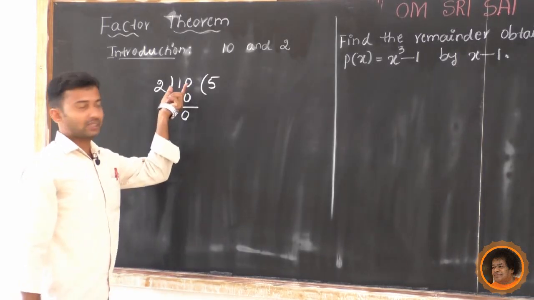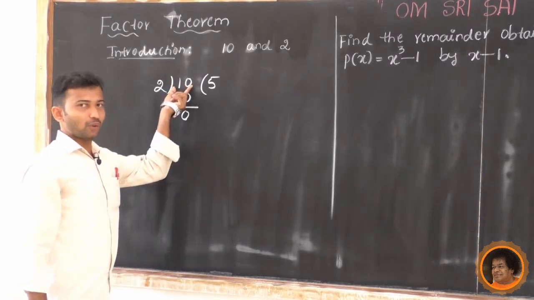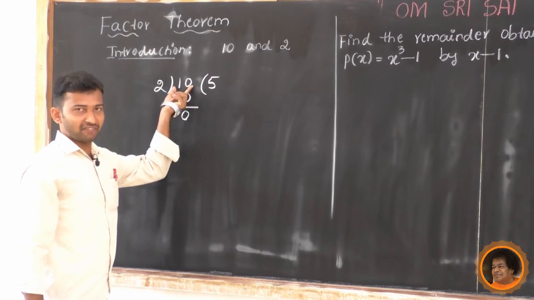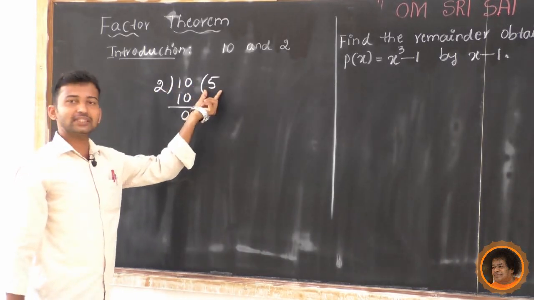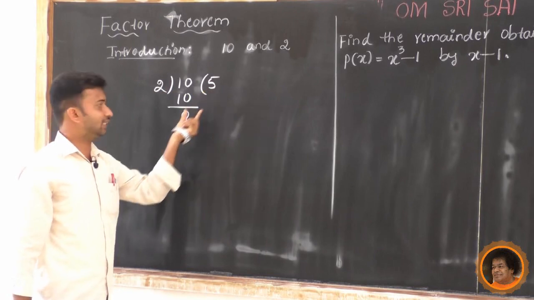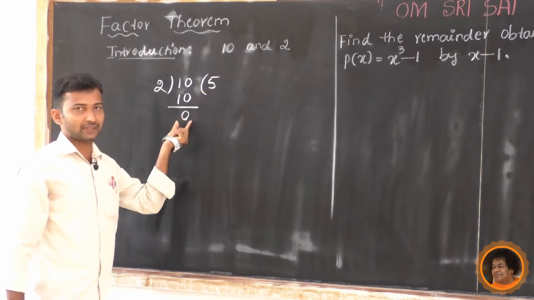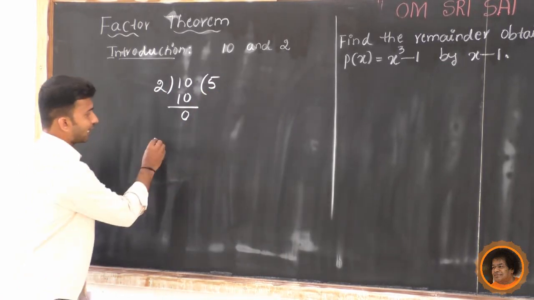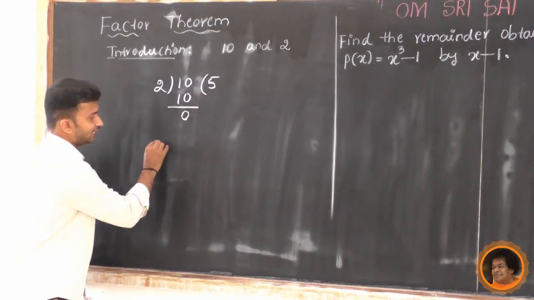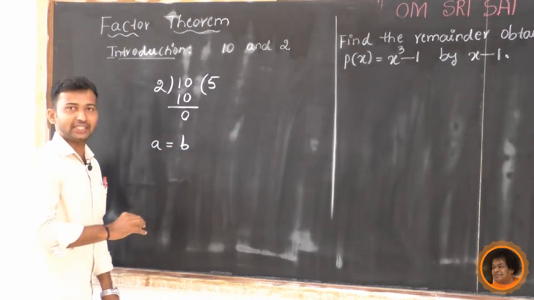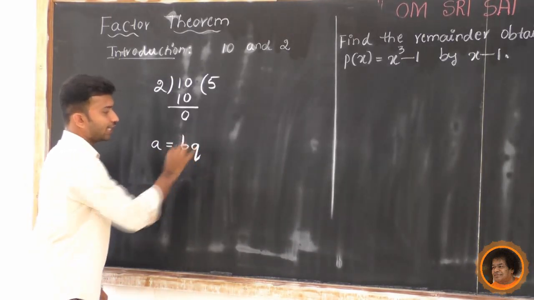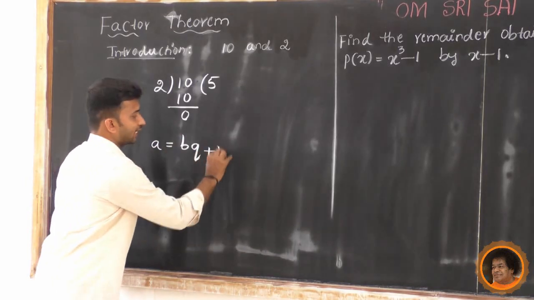In this problem, as you know, 10 is dividend, 2 is divisor, and 5 is called quotient, and 0 is remainder. We know that dividend A is equal to divisor B and quotient Q plus remainder.